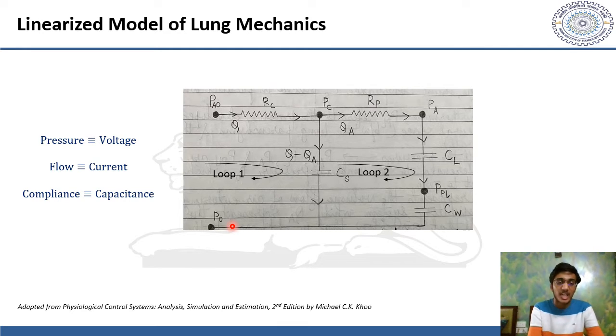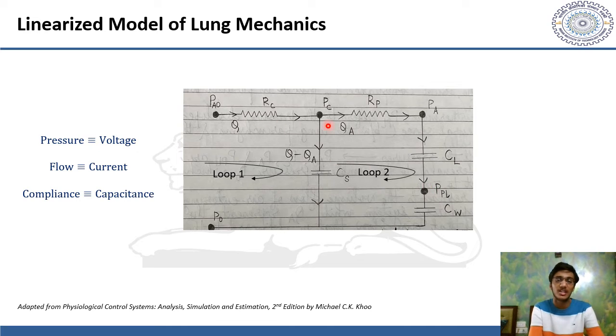Clearly, considering the mechanical and electrical analogies, the pressures PAO, PC, PA and PPL are denoting voltages in this electrical circuit model. The flows Q, QA and Q minus QA are essentially representing currents, and as discussed earlier, CL and CW, which are the compliances, are essentially nothing but capacitances.